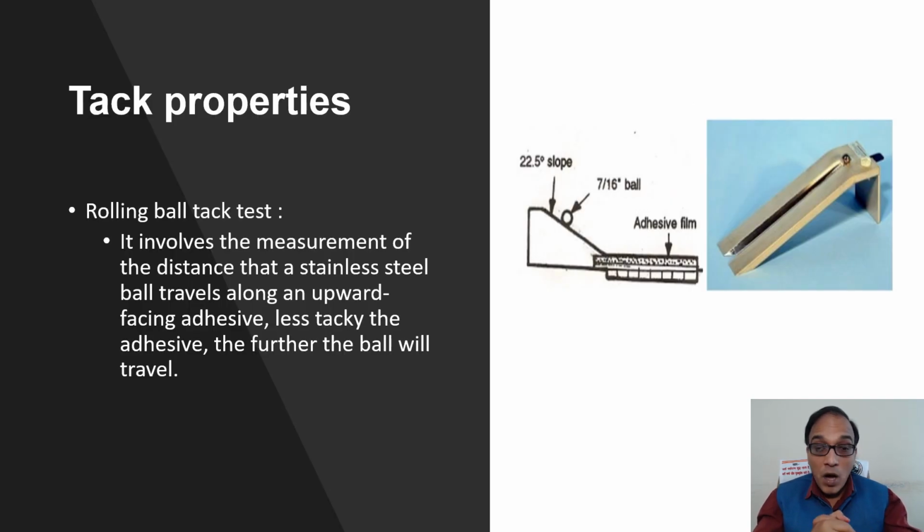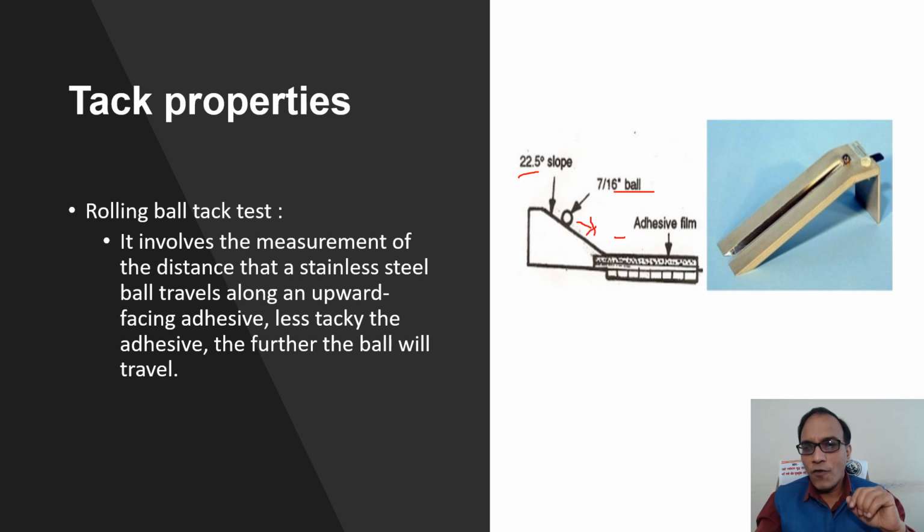First is the rolling ball tack test. As the name suggests, it involves the measurement of the distance that a stainless steel ball travels along an upward facing adhesive. As you can see here, this is a ball of a standard size and an inclination of standard 22.5 degree slope is there. You will prepare the adhesive film and put it here, and the stainless steel ball is moved from this inclined plane.